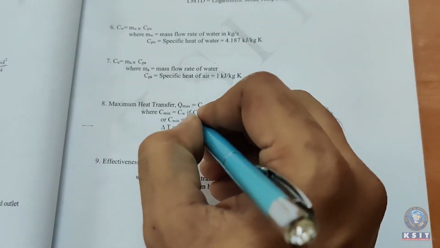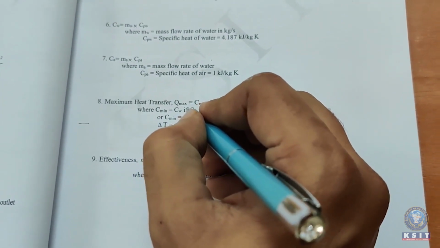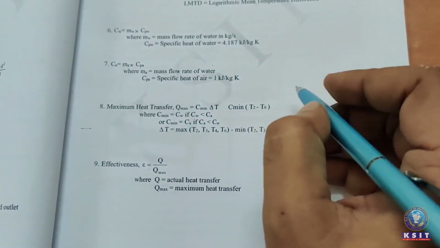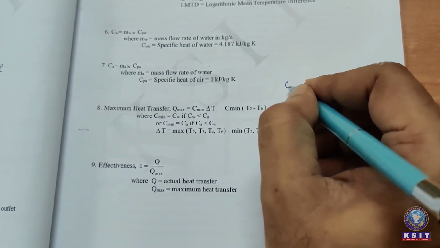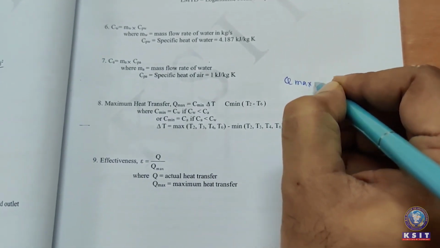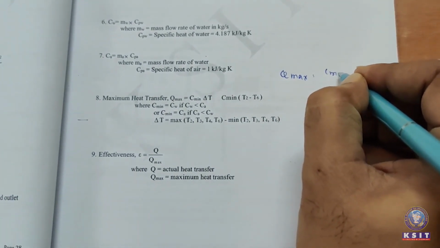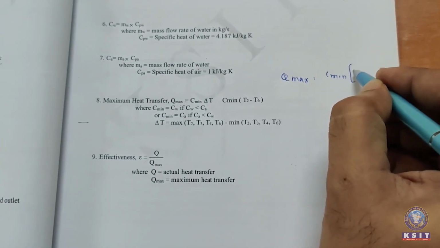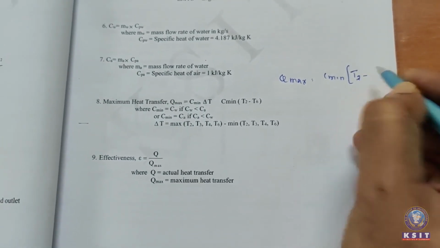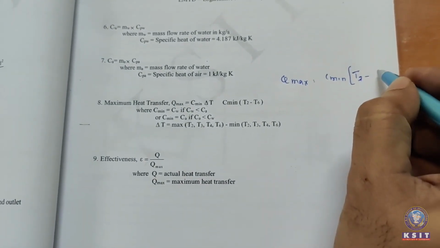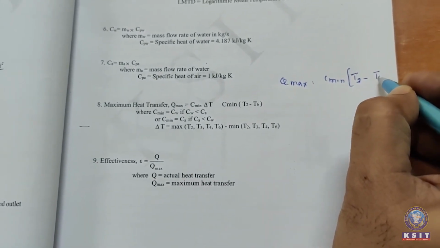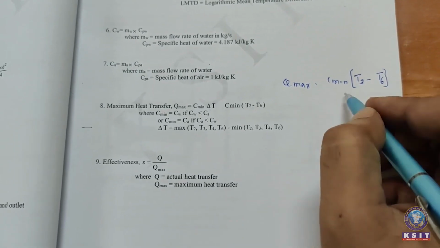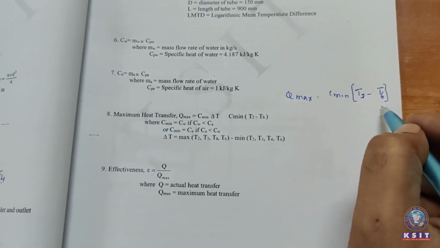Now next step is you calculate the maximum heat transfer. So maximum heat transfer is what? Q max equals C minimum into hot fluid inlet temperature minus cold fluid inlet temperature. Hot fluid inlet temperature is T2 and cold fluid inlet temperature is T6. This is for counterflow heat exchanger.